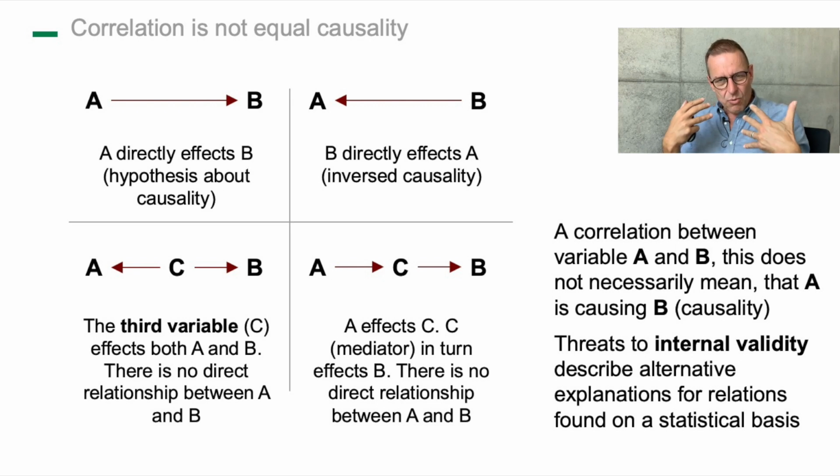So what I really want you to take home here is that there are threats to what we name internal validity. And these threats refer to alternative explanations to your initial hypothesis, even though you might find a correlation. Okay?